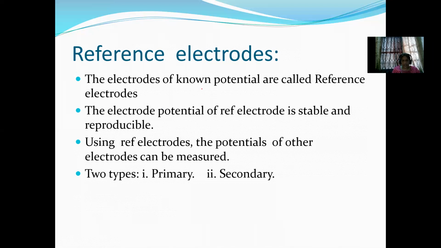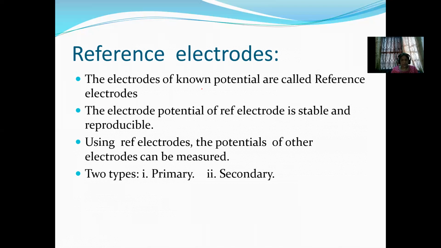Now, whatever I have discussed during the galvanic cell, I have never told you how we can measure the electrode potential of any electrode. Only the standard values are known, like the standard electrode potential of the zinc electrode is minus 0.76 volt, and of copper is plus 0.34 volt.